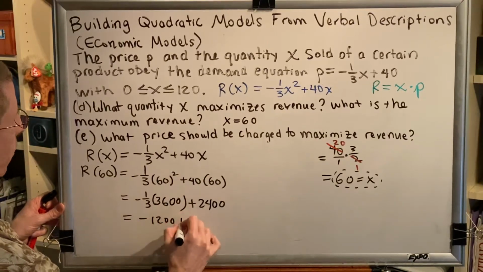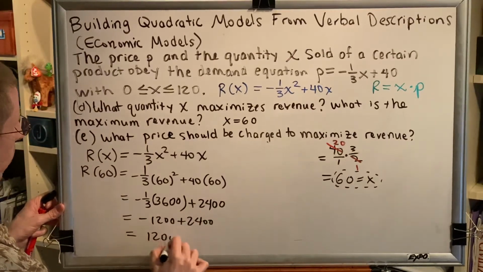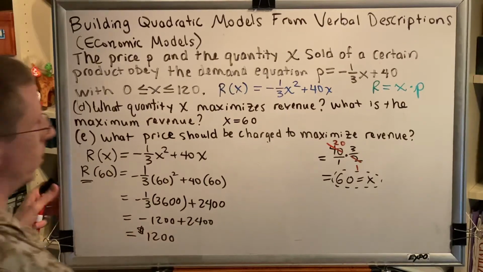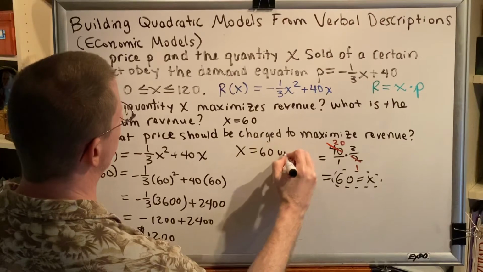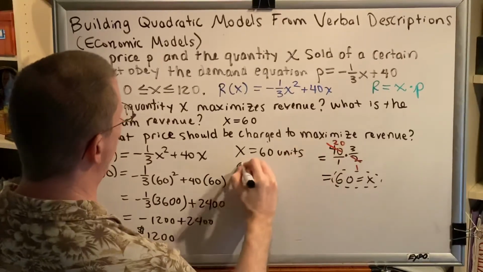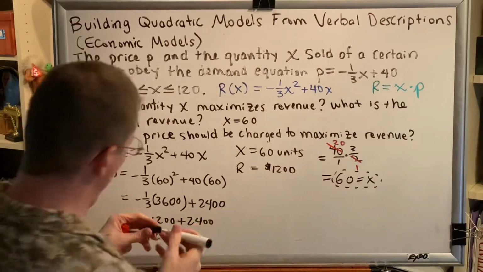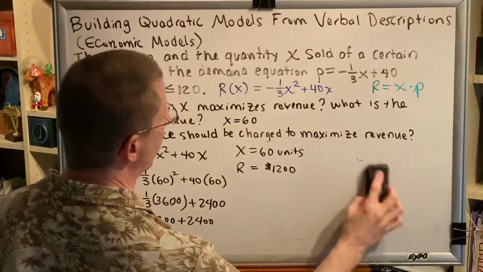So negative 1200 plus 2400 equals 1200. 1200 what? This is revenue, so it's $1,200. So we have x equals 60 units sold, R equals $1,200.